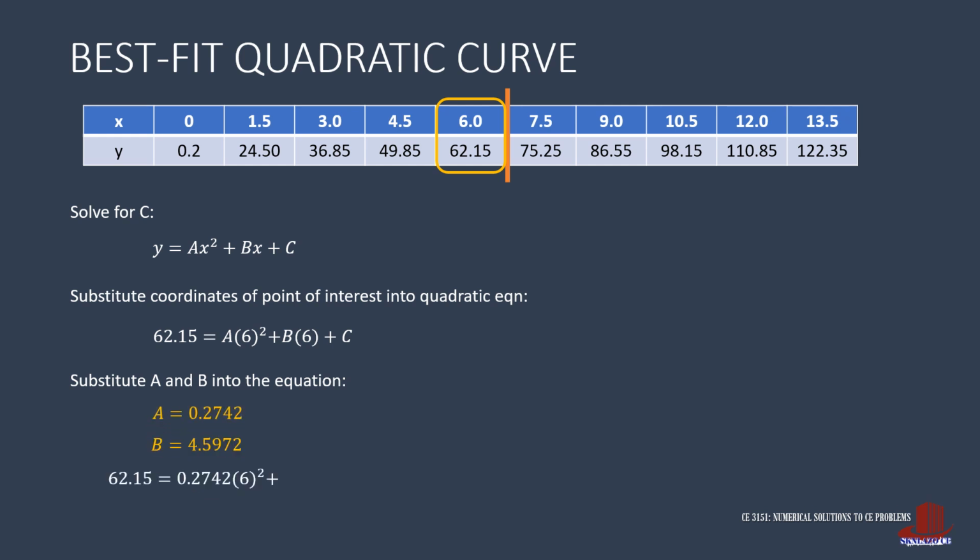So the function becomes 62.15 as equal to 0.2742 times 6 squared plus 4.5972 times 6 plus c. And this is simplified as c equal to 24.6956.